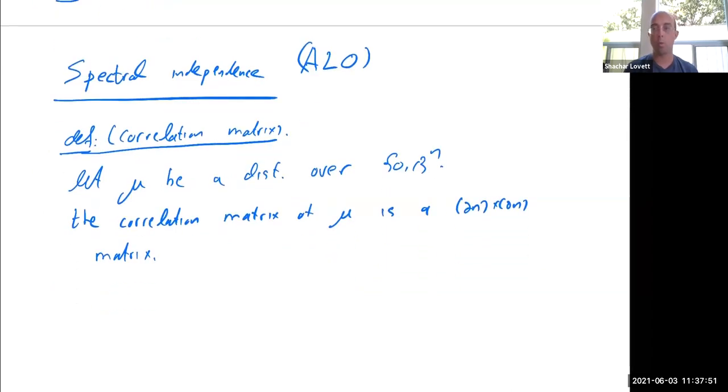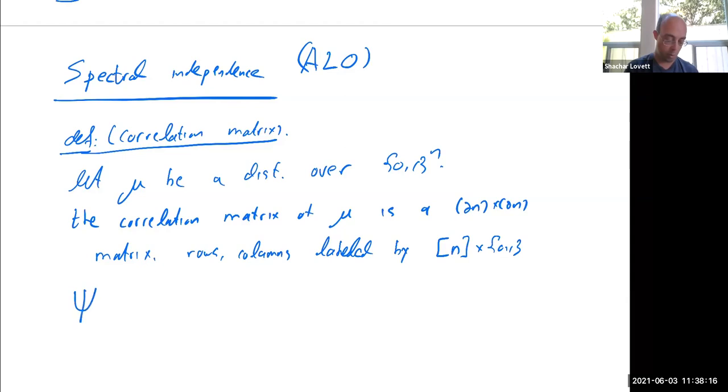And the rows and the columns are labeled by an element and whether it's colored 0 or 1. Its elements are denoted by psi.